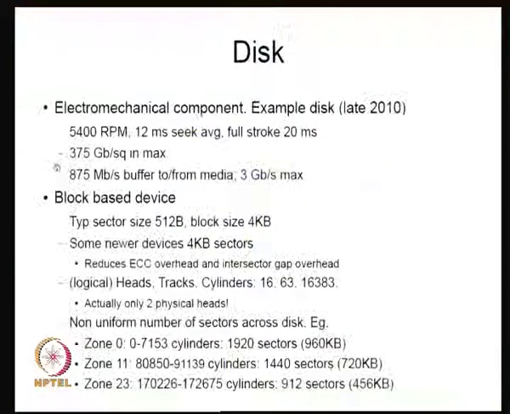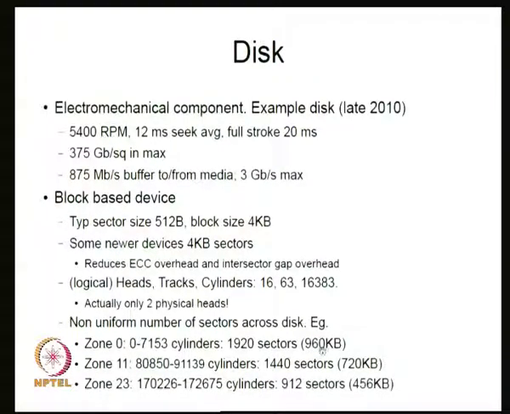You will see that it has been categorized into multiple zones, zone 0, zone 1, 2, 3, 4 up to 23. So, there are 24 zones on this particular disk I am talking about. The first 0 to 7153 cylinders have 1920 sectors. This is the outermost.